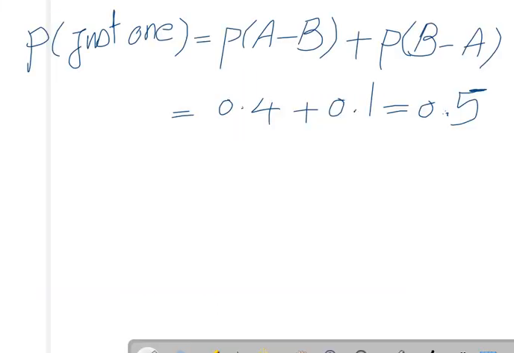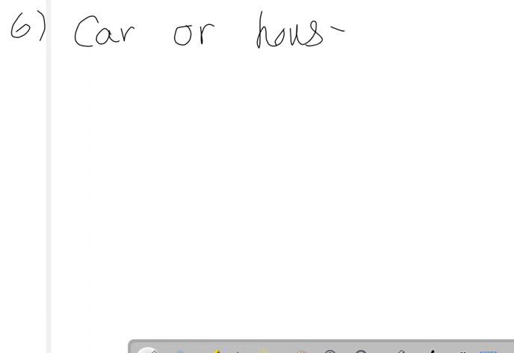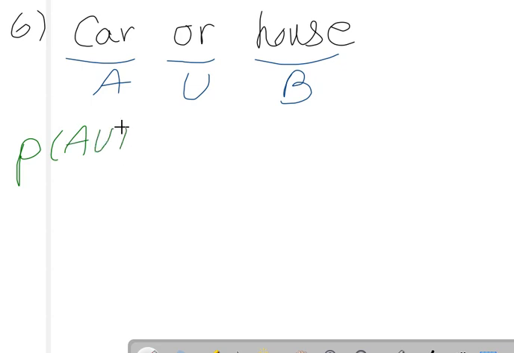So for number 6, car or house means A union B. So the probability of the union of A and B is the probability of A plus the probability of B minus the probability of the intersection.